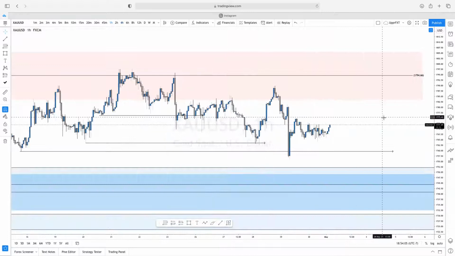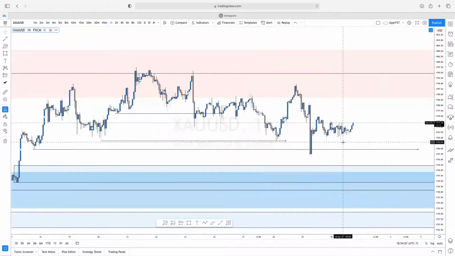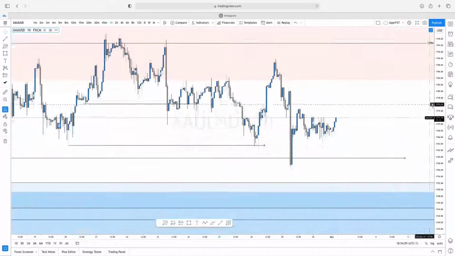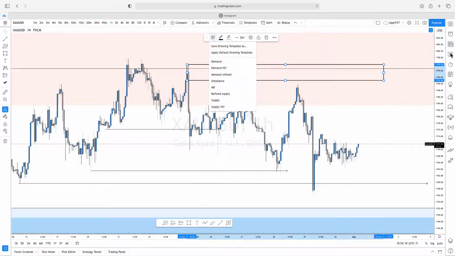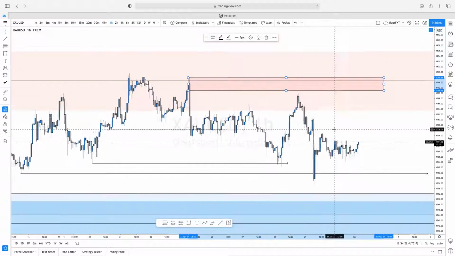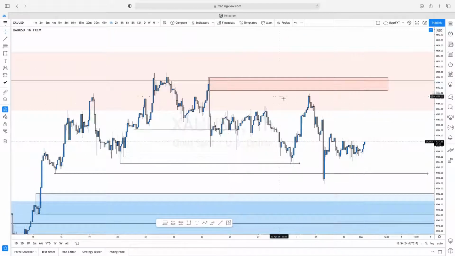Let's move down to the hour, right? So we're still seeing these structural changes. Did we get a sell tap in here? No? Okay. Because we are playing off supply, in this red zone, this is where supply is on the 8 hour.